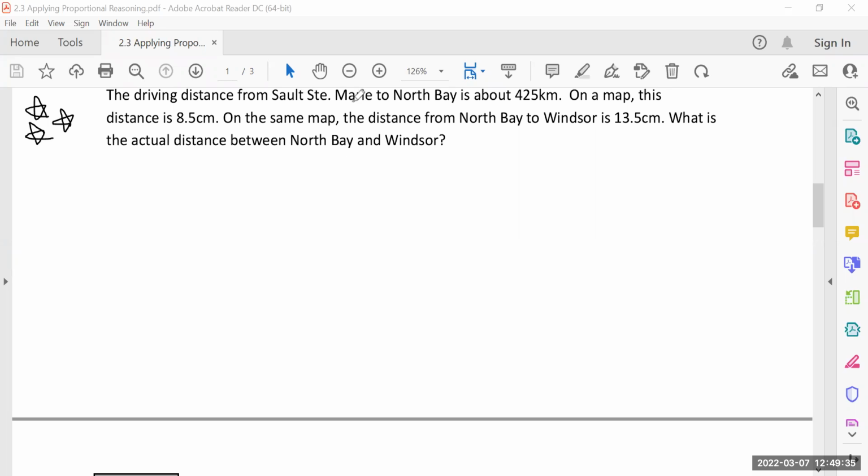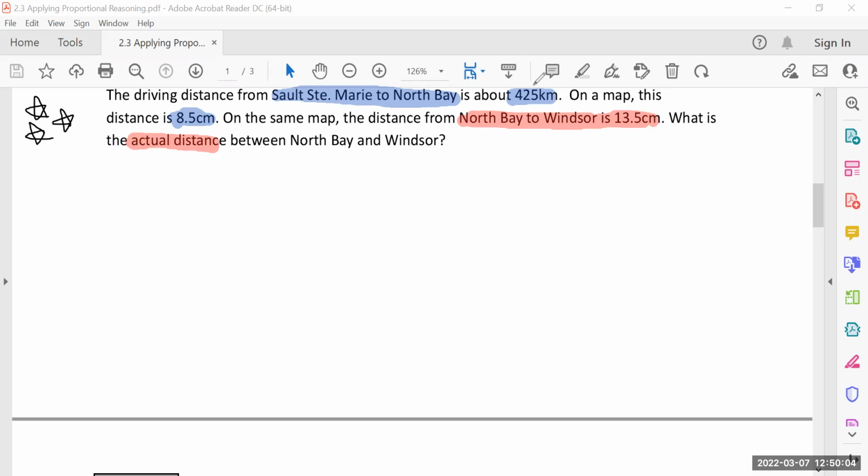So Sault Ste. Marie to North Bay is 425. Red, and then on the map, it's 8.5. The distance from North Bay to Windsor is 13.5. What's the actual distance? So again, you can do blue to blue and then red to red.